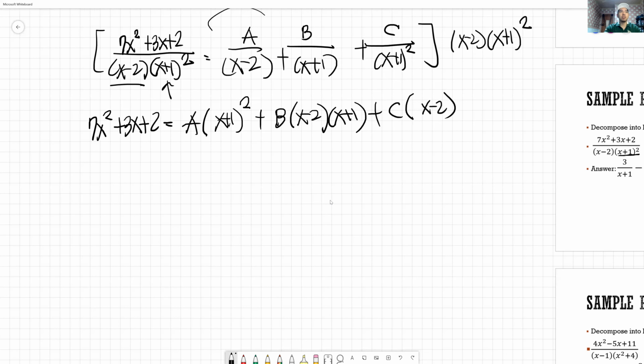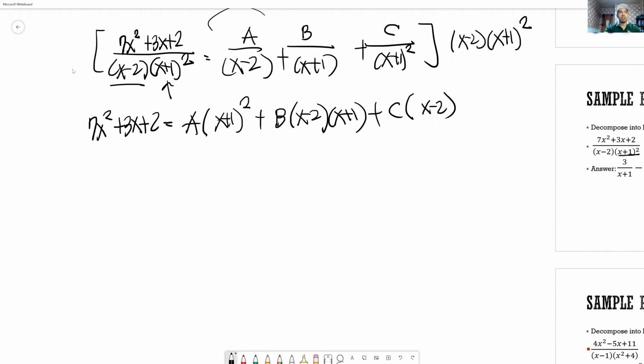So that would be possible, but not enough kasi magkakaroon tayo ng 2 values. Okay, so let's try. So by using system of equation here, ang gagawin natin is simplify muna natin lahat itong mga coefficients nila.